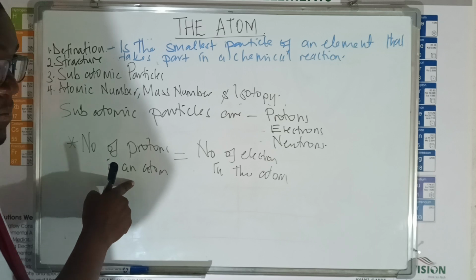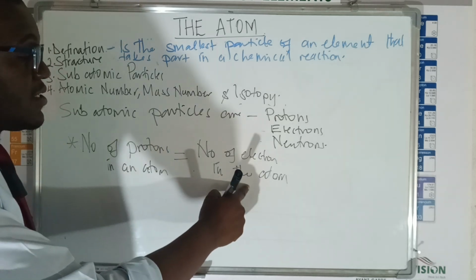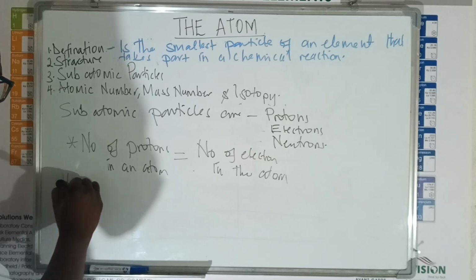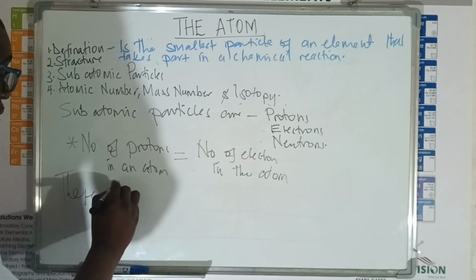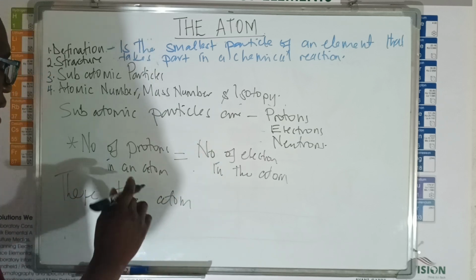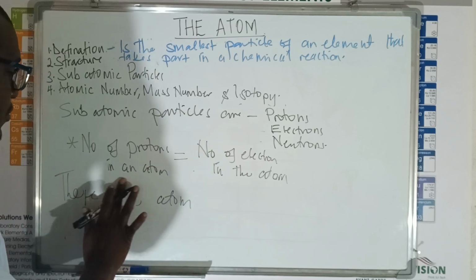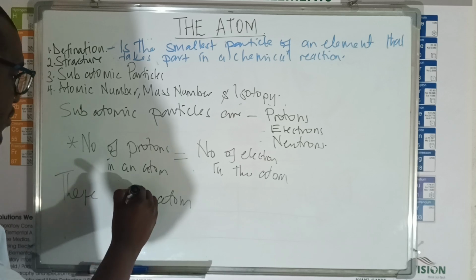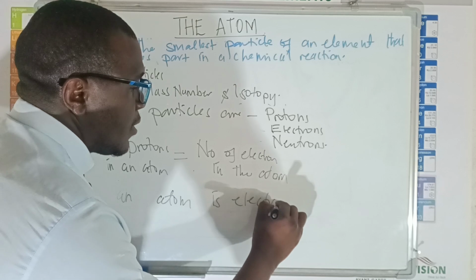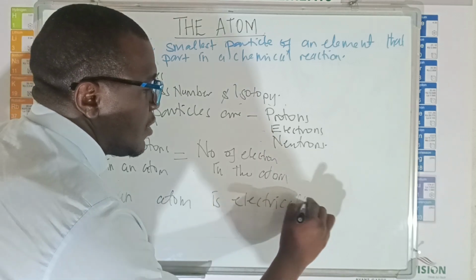Because if you have 10 positive and 10 negative, you will get 0. So we can say that therefore, an atom is electrically neutral.